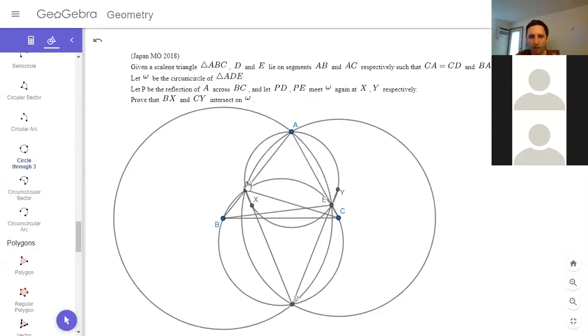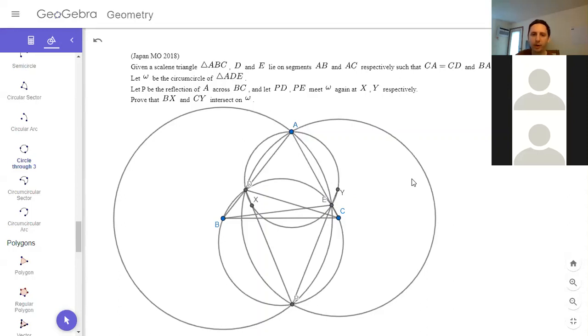So we have angle YDA is equal to angle YEA. I think it's probably just an angle chase. So YDA is equal to YEA, which is DAX. So how do we show angle DAX is equal to EAY?